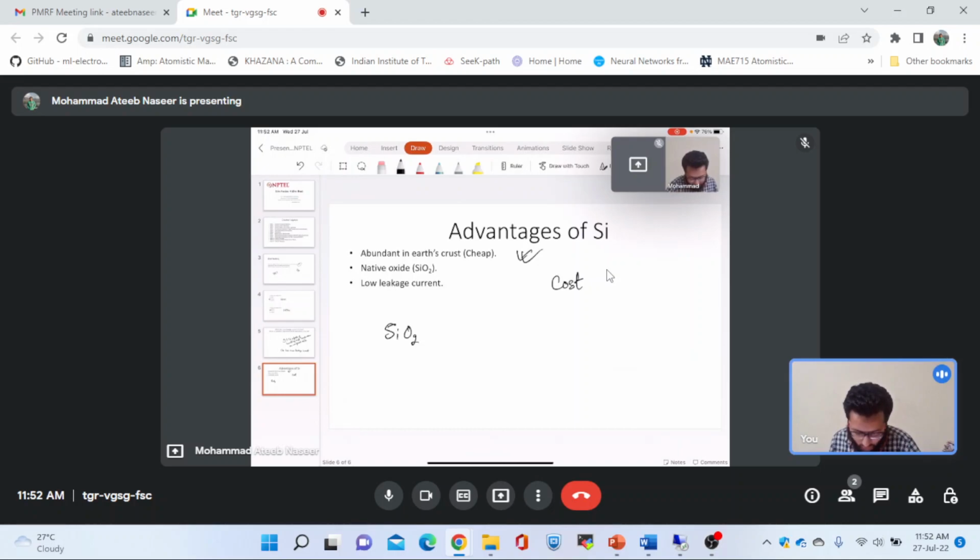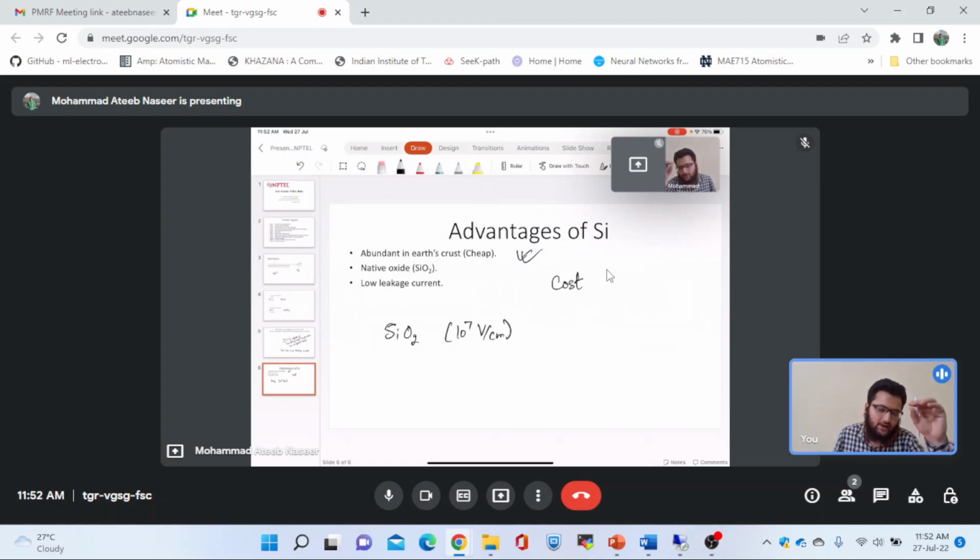SiO2 has a good breakdown strength as well, of the order of 10 to the power 7 volt per centimeter. As we move through the devices, this oxide is what we will need between the channel and the gate.